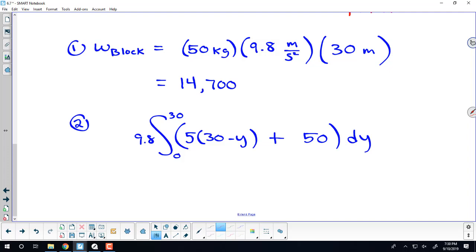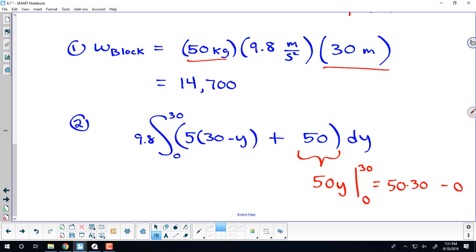When we integrate this, it's 50y evaluated from 0 to 30, and that's where we get our 50 times our 30, minus 50 times 0. And then, of course, we still have our gravity out front, multiplying the 50 times the 30. So you get the same thing regardless. I guess it's just a matter of preference and how you choose to look at it.